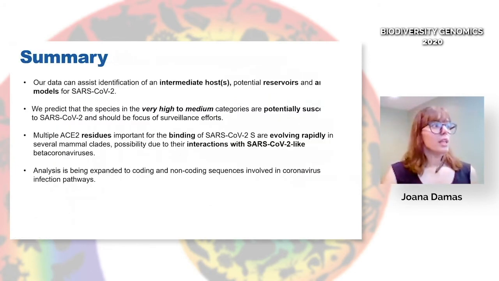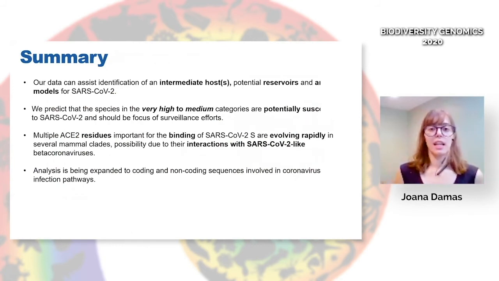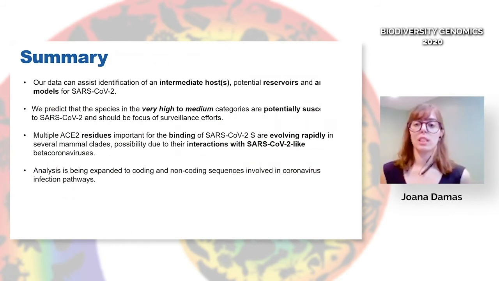So as a summary, our data can assist the identification of intermediate hosts and species that are potentially reservoirs, and can also be used as models for SARS-CoV-2. So all the species that we categorize from the very high to medium categories are potentially susceptible to SARS-CoV-2.